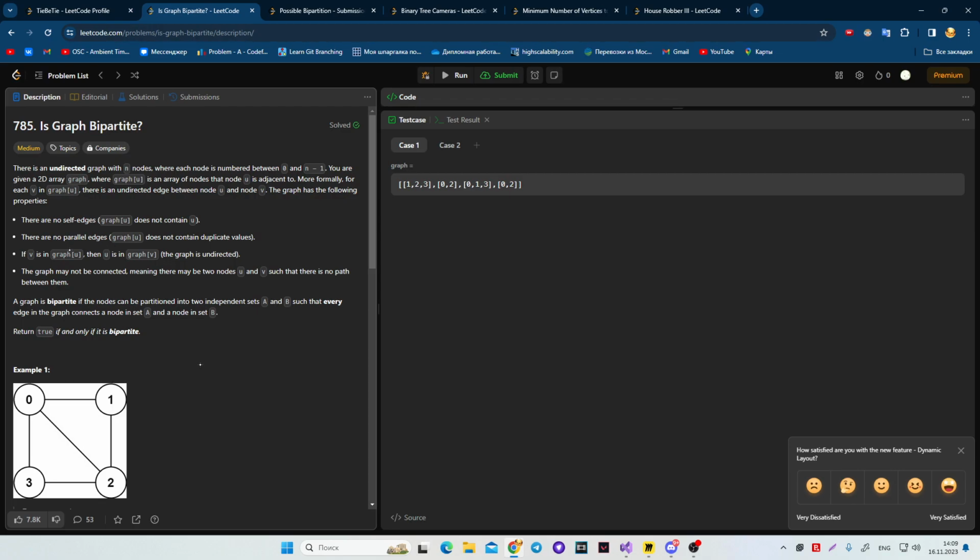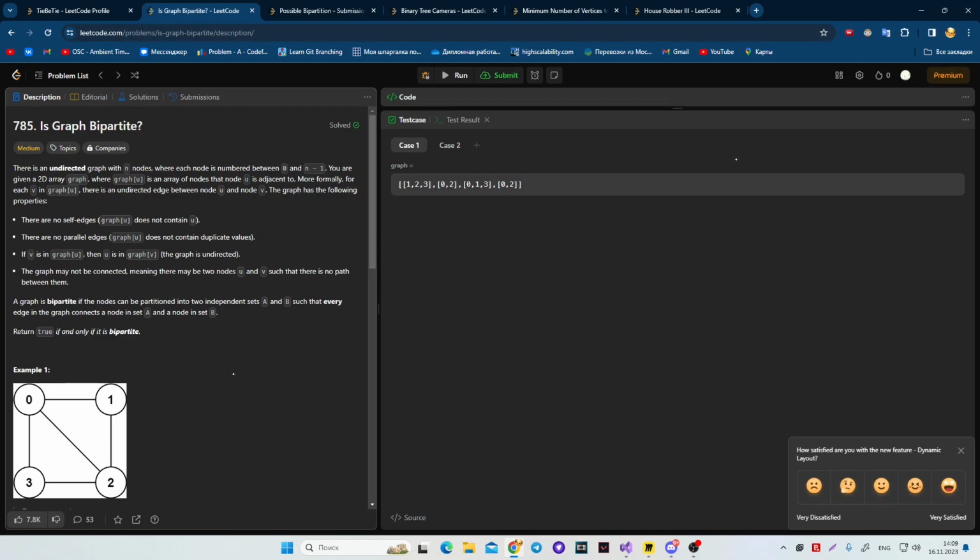We just color the first vertex, which we consider as red or blue, or orange or blue, or whatever you like, and all the other vertices are white. It means we haven't visited these vertices.